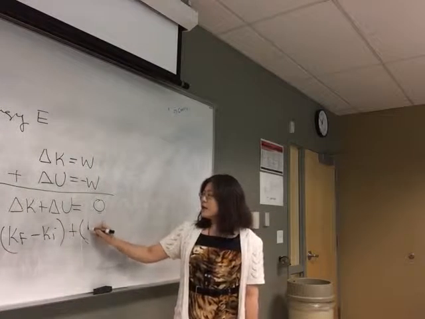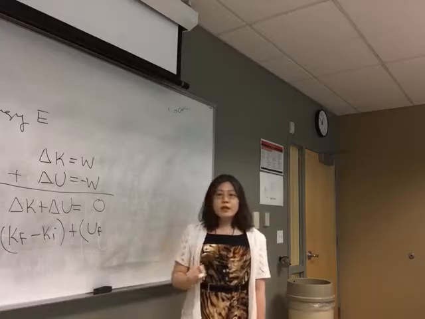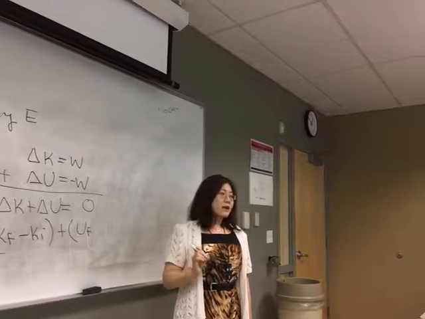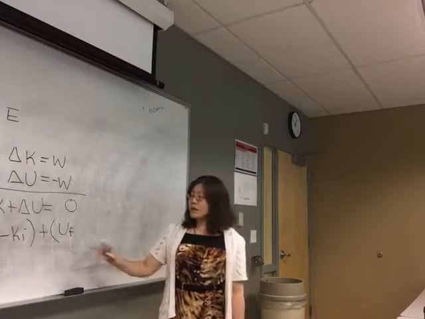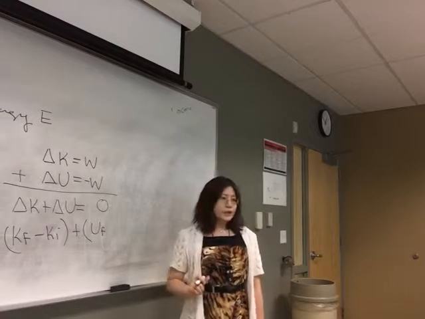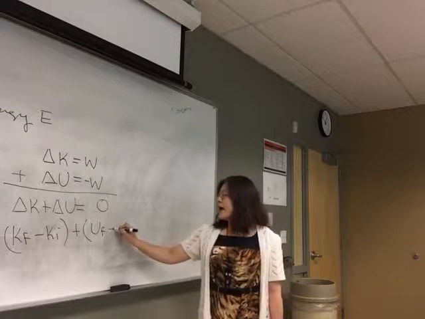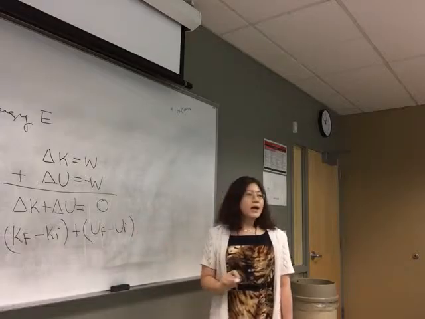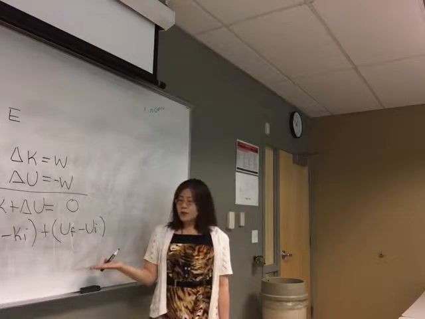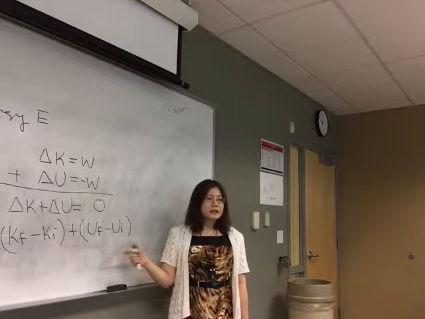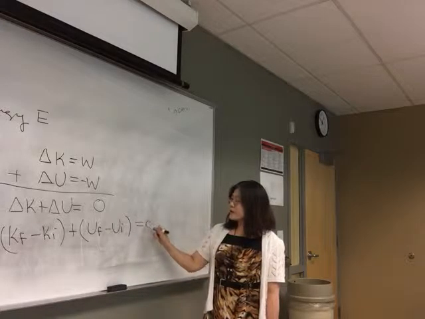Your delta U is the final potential energy. Right now, we haven't specified what kind of potential energy. Let's just say it's a potential energy. So Uf minus Ui, right? That's just the definition. The change is, of course, the final value minus the initial value, and the whole thing is equal to 0.